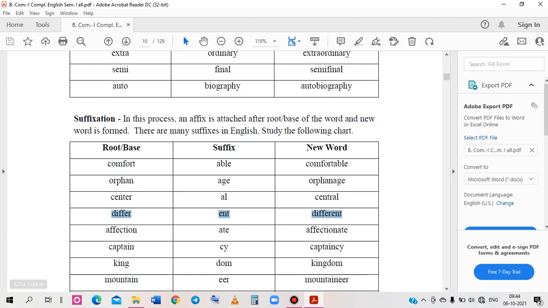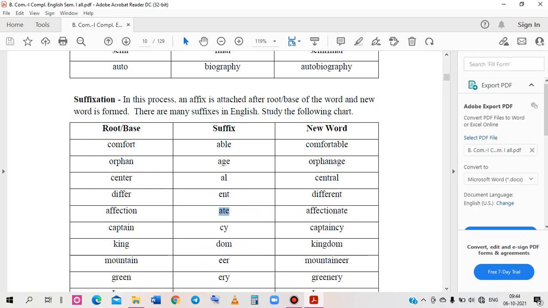Affection, affectionate, ate is a suffix. Captain, captaincy, cy is a suffix. King is a root word. King is a noun. If we add dom, it becomes kingdom.